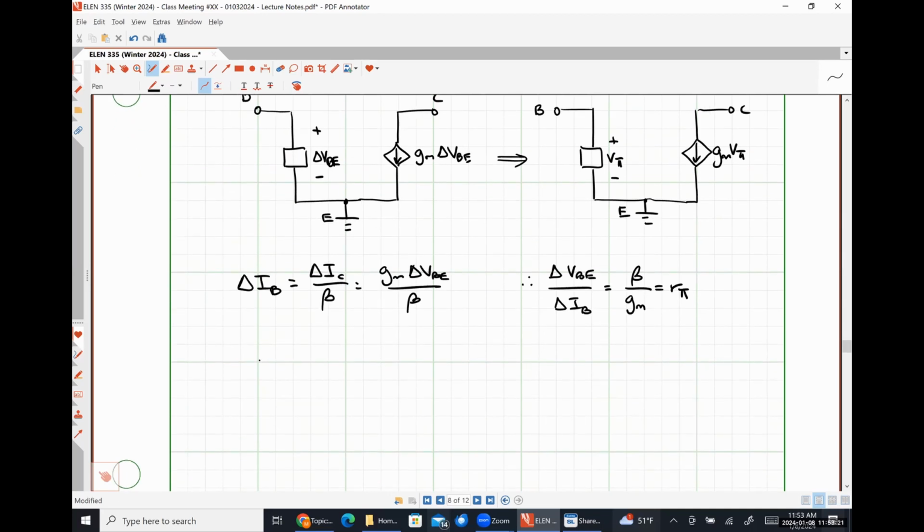So that our new small signal model, the one that we're going to use the overwhelming majority of the time, is this guy.